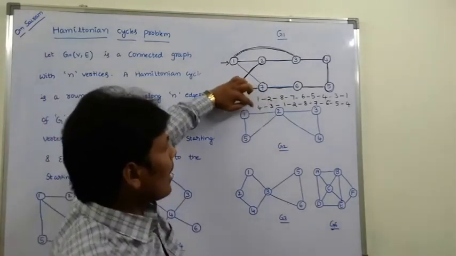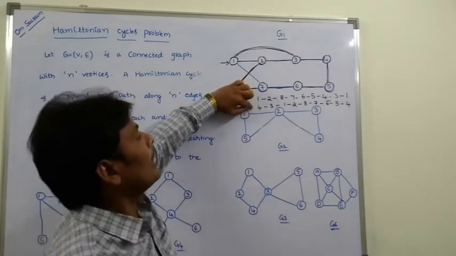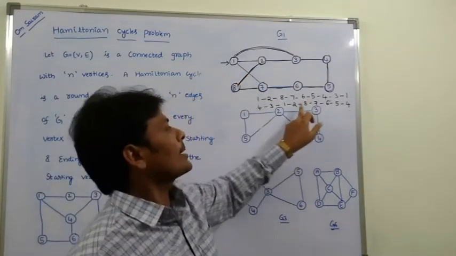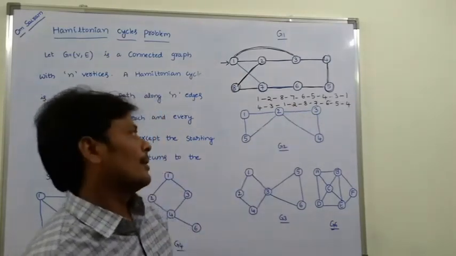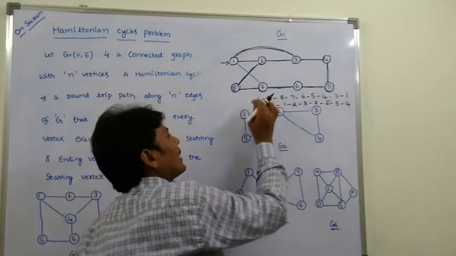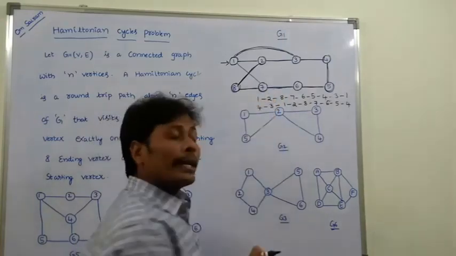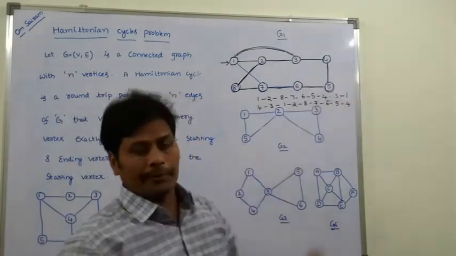This is an example of starting at vertex 4 and returning to vertex 4, with the remaining vertices visited exactly once. So this graph contains this Hamiltonian cycle and another Hamiltonian cycle starting at vertex 4.